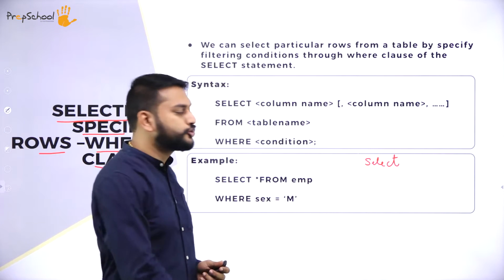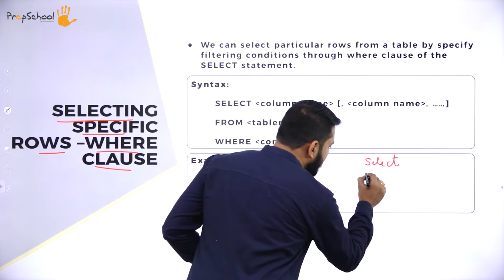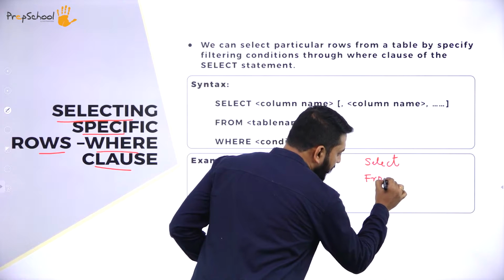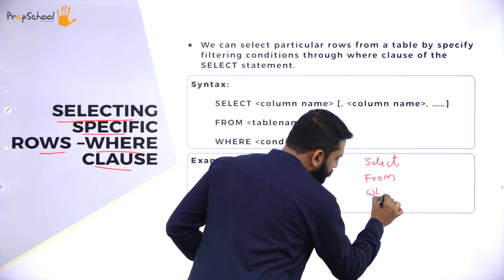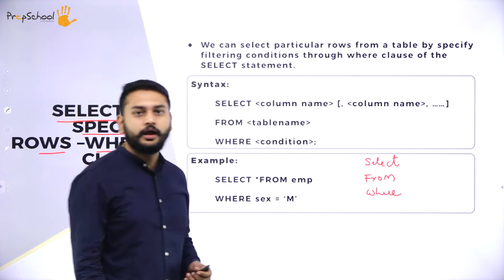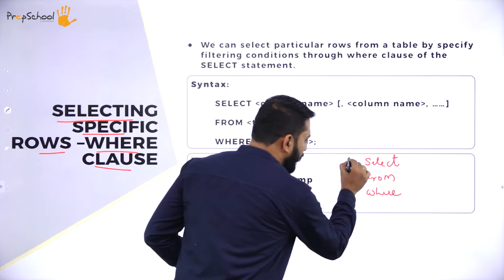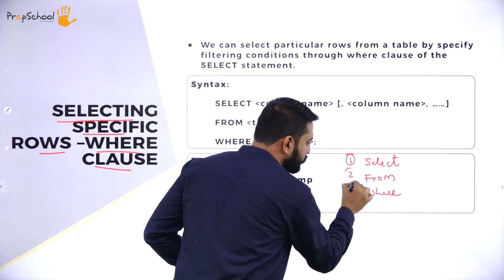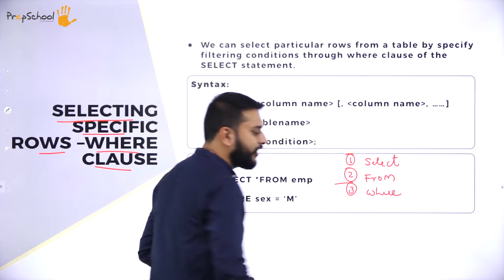The first thing that you should remember is select. The second thing that you should remember is from. And the third one that you should remember is where. Point number 1, select. Point number 2, from. Point number 3, where.